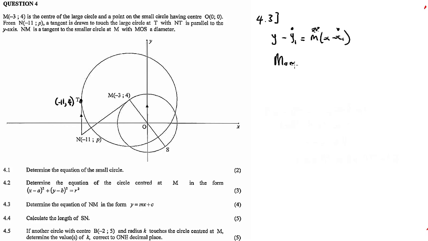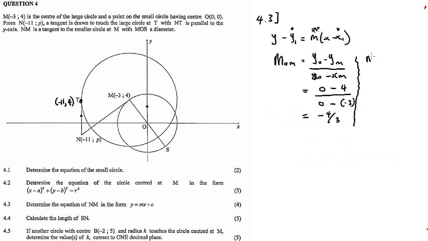Gradient OM is equal to yo minus ym divided by xo minus xm, equal to y of O is 0, ym is 0, xo, xm minus 3. So the answer is minus 4 over 3.